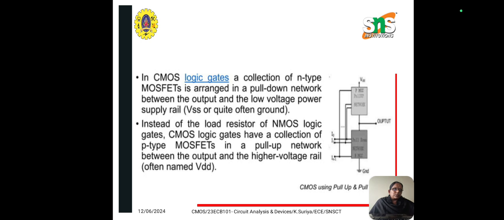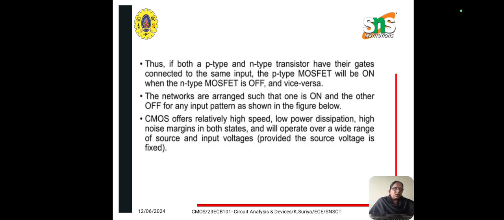VSS is quite often ground. Instead of the load resistor of NMOS logic gates, CMOS logic gates have a collection of p-type MOSFETs in a pull-up network between the output and the higher voltage rail, often named as VDD. Thus, if both the p-type and n-type transistors have their gates connected to the same input, the p-type MOSFET will be on when the n-type MOSFET is off, and vice versa.